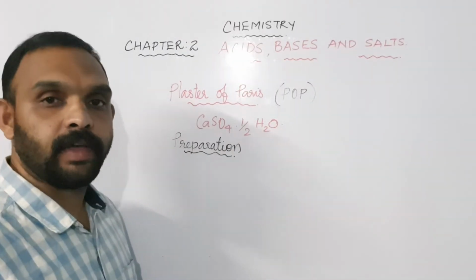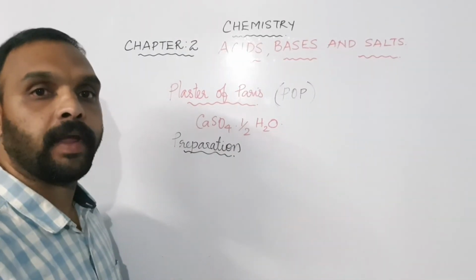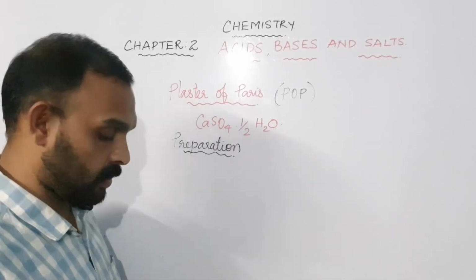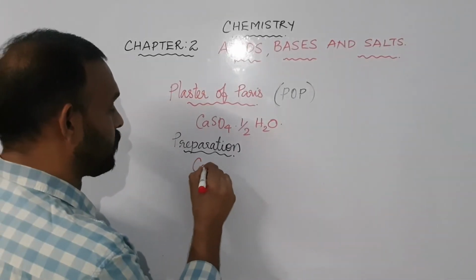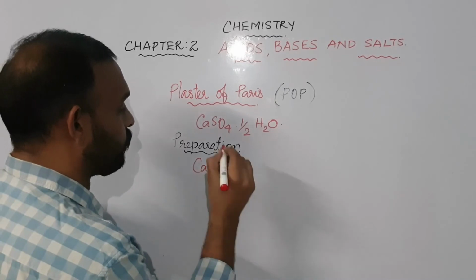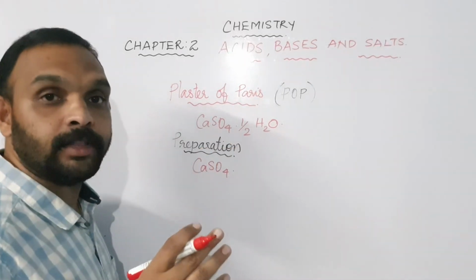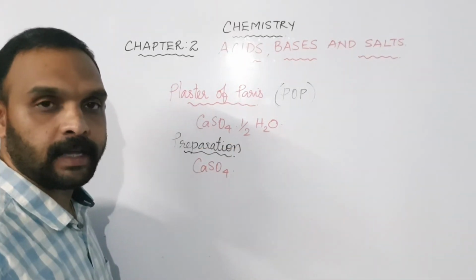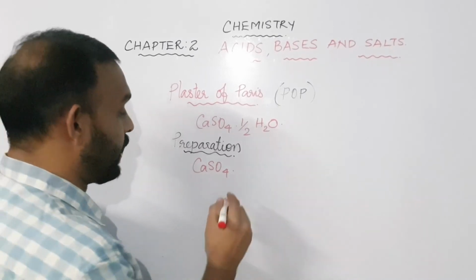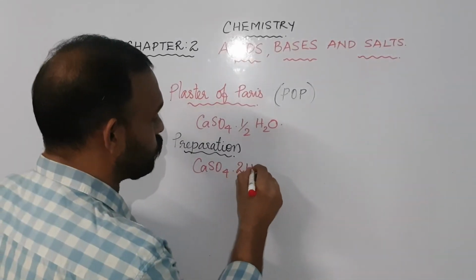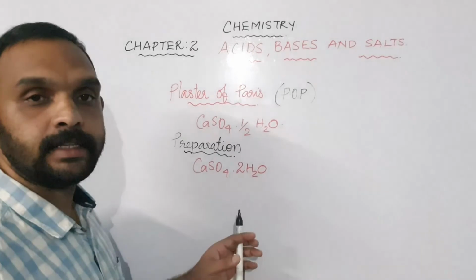Its preparation is very easy. It is prepared by heating gypsum. What is gypsum? Gypsum is calcium sulfate with 2 molecules of water of crystallization. Okay? Dihydrate, so it is CaSO4·2H2O. This is called gypsum.